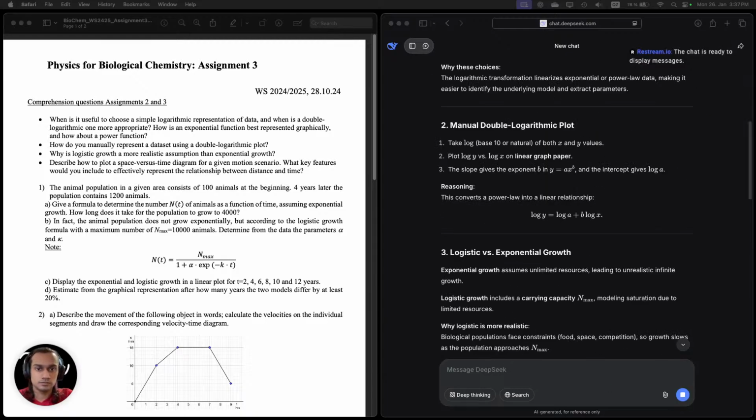Okay, DeepSeek is doing a lot. For sure.